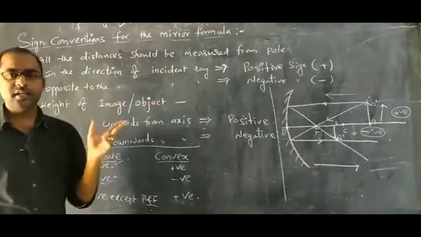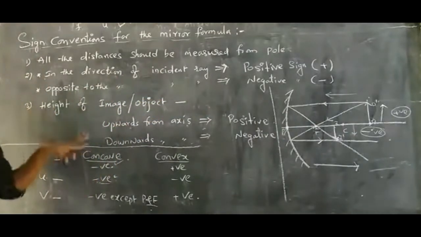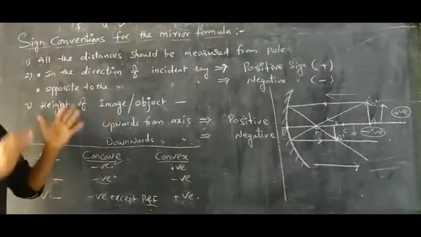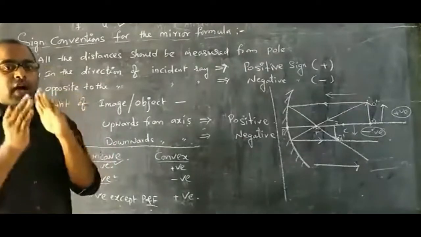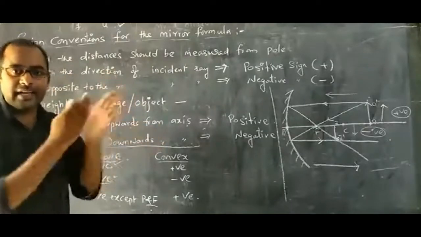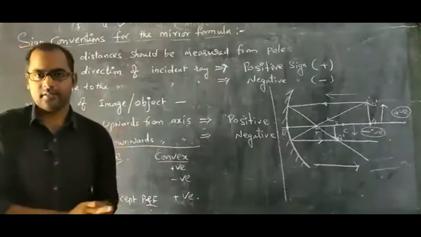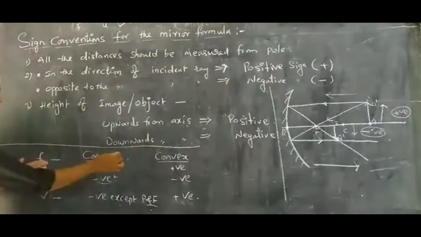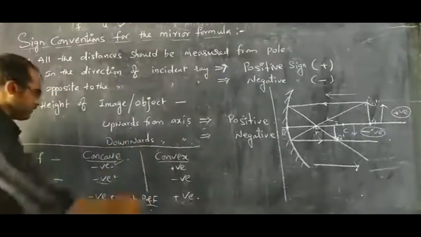Third, about height of the image or object: it should be taken positive if we measure upwards from the principal axis, and negative if we measure downwards from the principal axis. Is that clear?